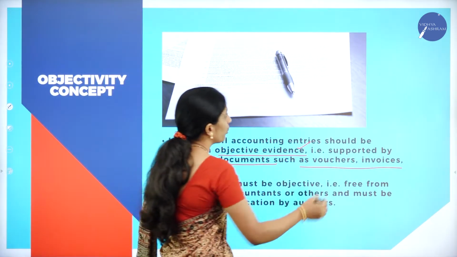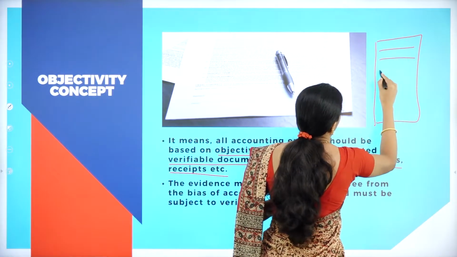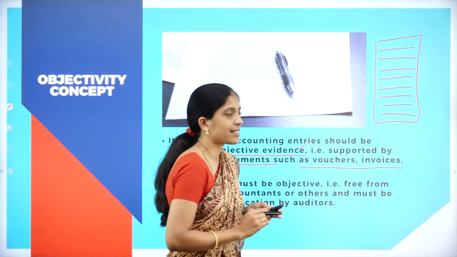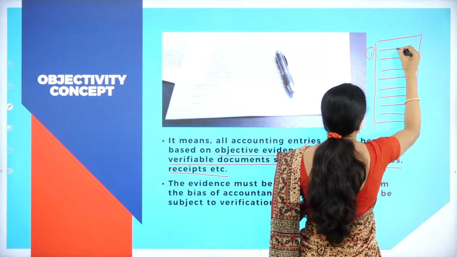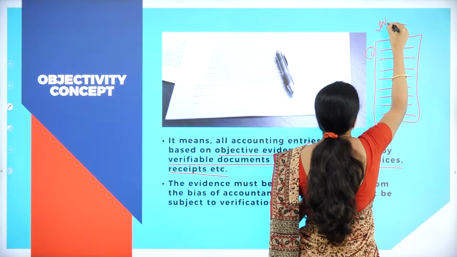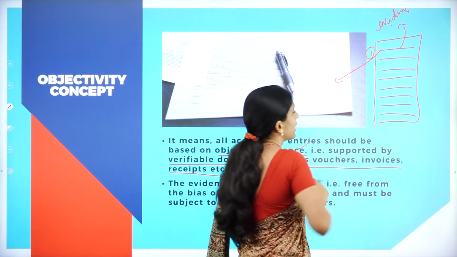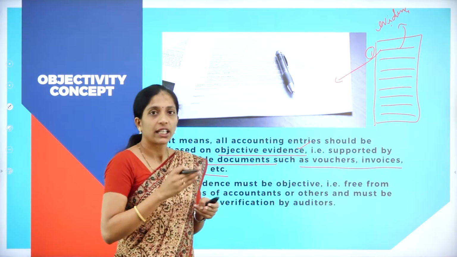I have already told you about recording transactions in the books of account. For each and every transaction, if I am going to write the first transaction, I should have proper documentary evidence. It may be in the form of receipts, vouchers, or a cash memo.